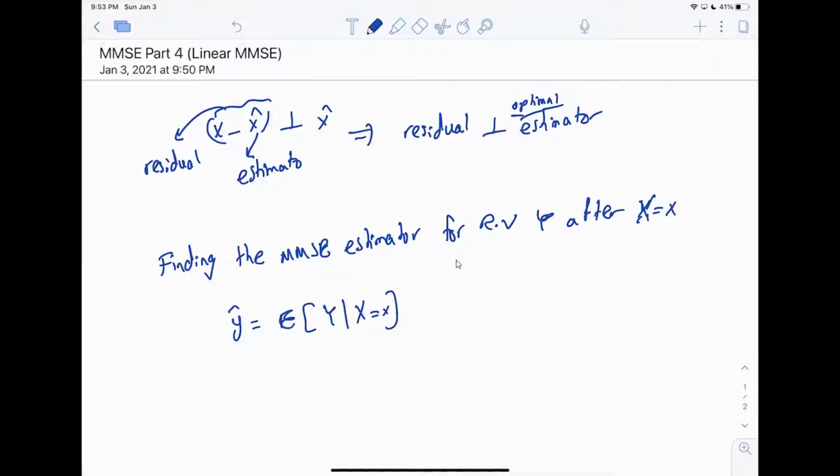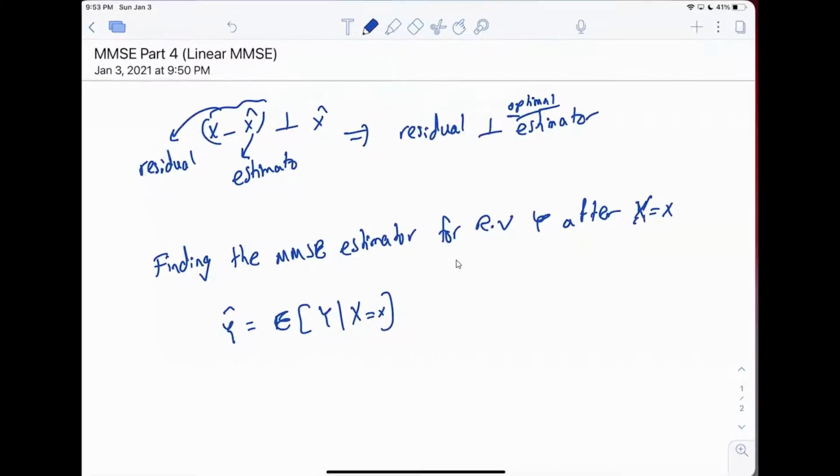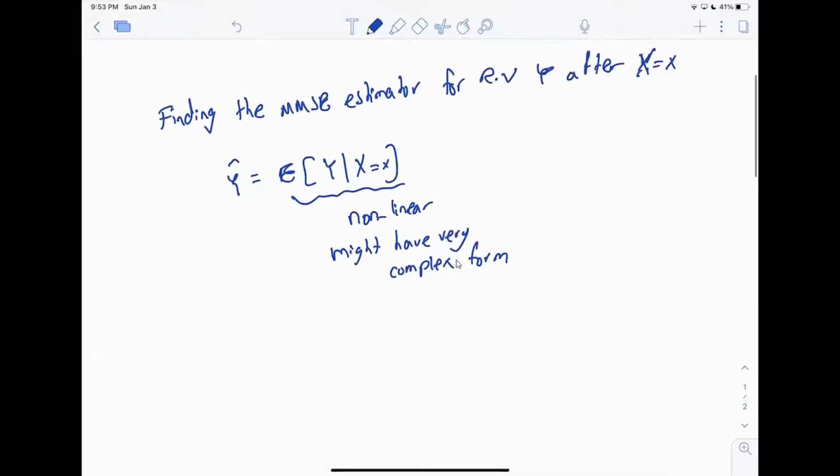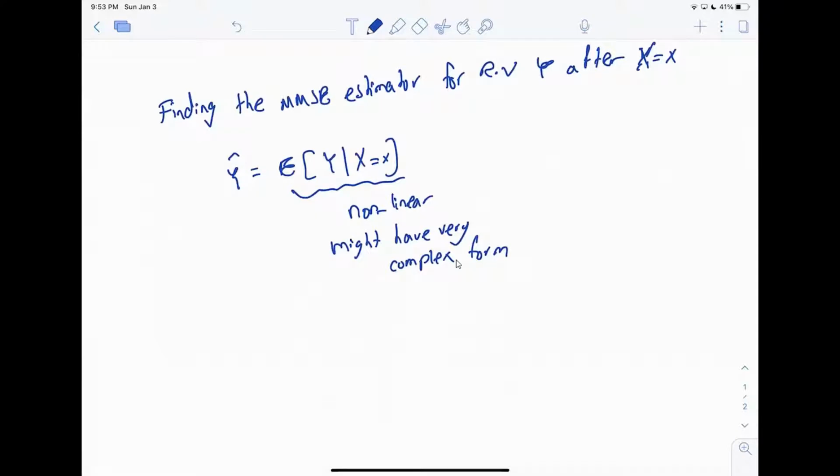But then we talked about how this estimator in general is not going to be linear. It is in general nonlinear and might have a very complex form. This is the reason why we limit ourselves to the class of linear estimators, the linear MMSE estimator.